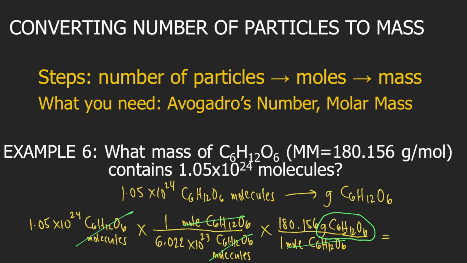And if you solve this in your calculator, 1.05 times 10 raised to 24 times 1 times 180.156 divided by 6.022 times 10 raised to 23. This is equal to 314 grams of glucose. And this is the answer to the question.